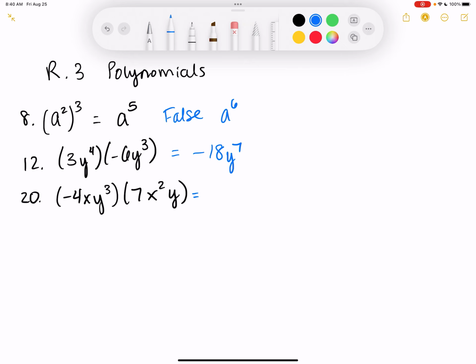Starting with the numbers, what would we get if we multiplied negative 4 and 7? Negative 28. And then I'm going to do the x's, so x times x squared is? Yep, x cubed. And then y cubed times y? Yep, y to the 4th.